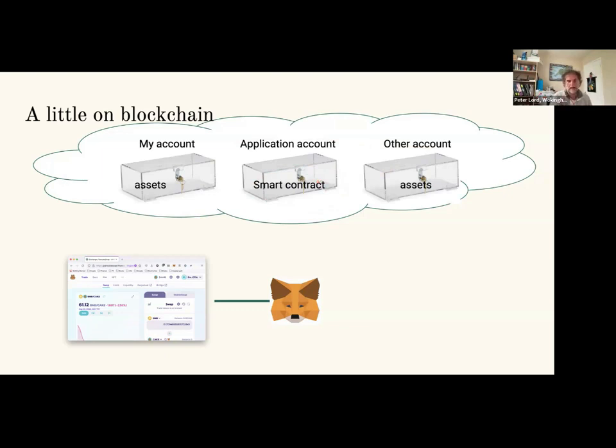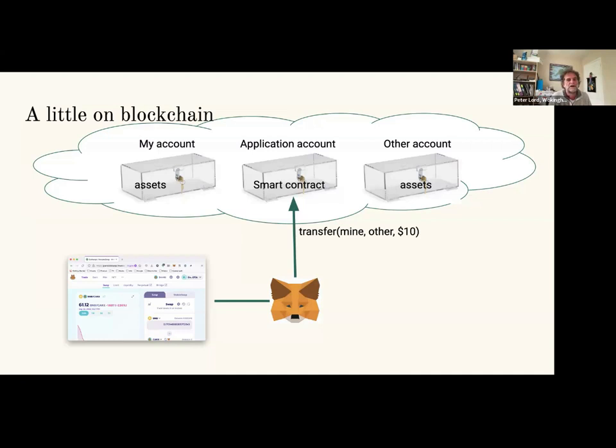So let's say your application is a financial application, and you want to transfer some assets from your account to some other account. The way these applications would typically work is the wallet would first of all unlock your account. It would then invoke code on this smart contract, let's call it transfer from my account to some other account, and how many assets to transfer.